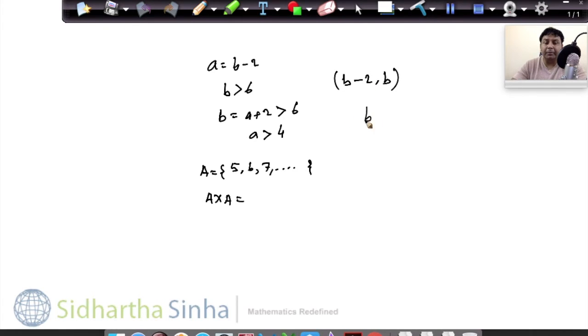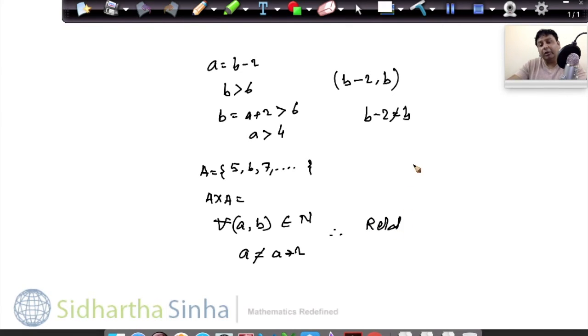So clearly B minus 2 can never be equal to B. So you cannot have any point of that form. So we can write for all A comma B belonging to natural numbers, A is not equal to A plus 2. Therefore, the relation is not reflexive.